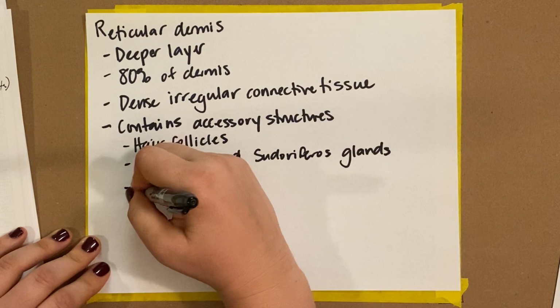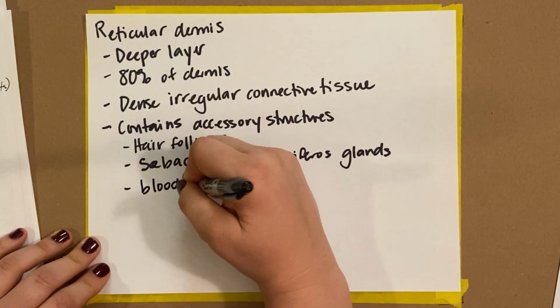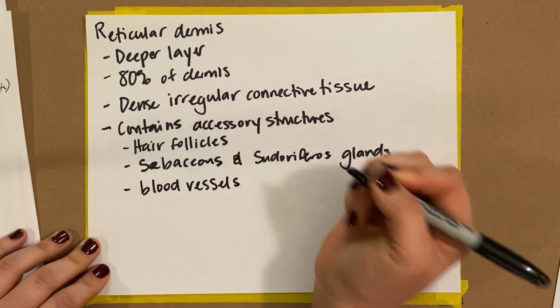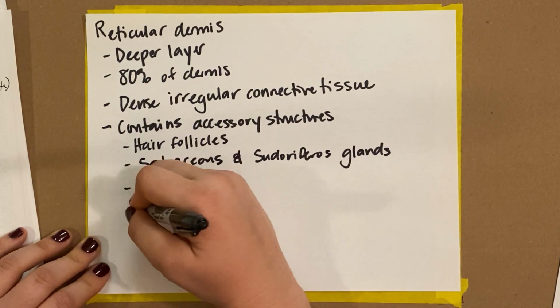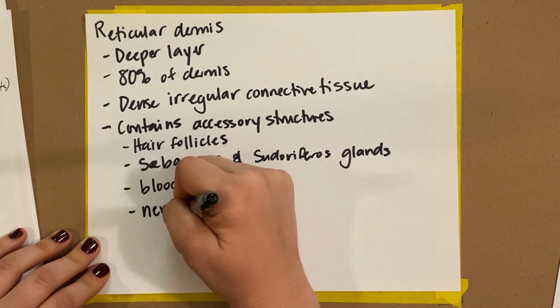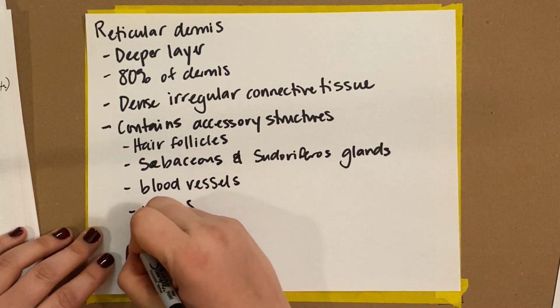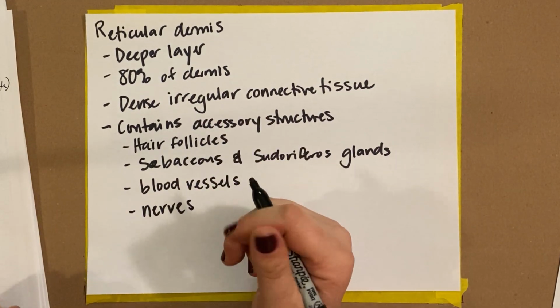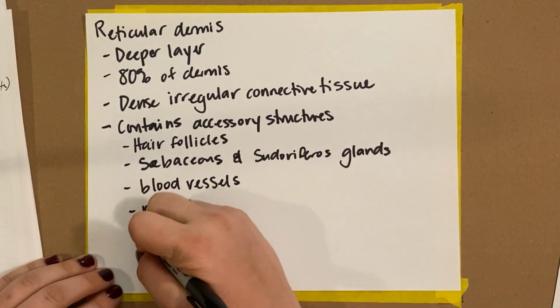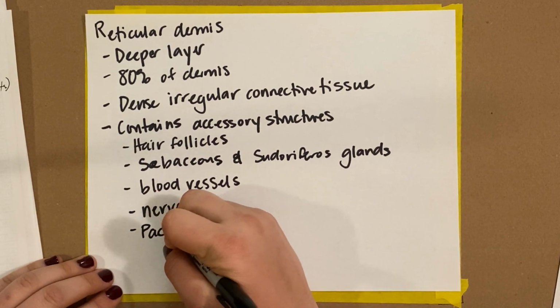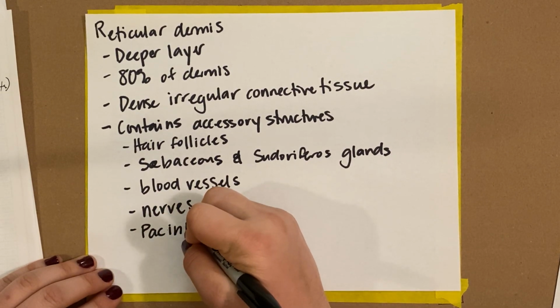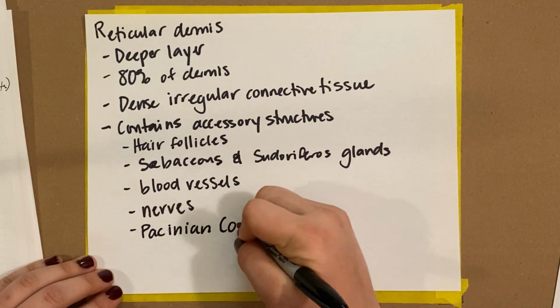There are going to be blood vessels. Okay, there are going to be nerves. And one of the structures associated with nerves is the Pacinian corpuscle.